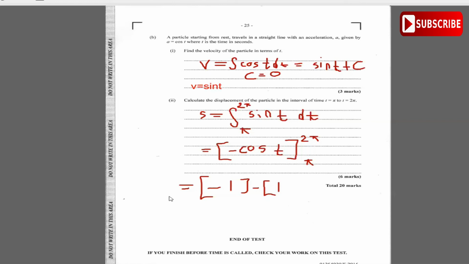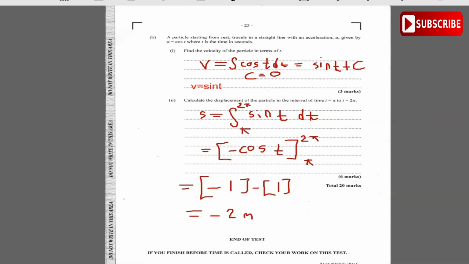So the displacement is minus 1 minus 1, which is minus 2 meters. All right, nice and easy. That's it, minus 2 meters. That's the displacement. Remember, displacement is negative.